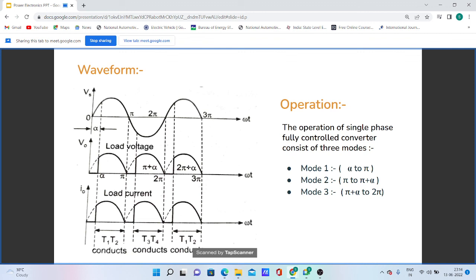The SCRs T2 and T4 continue to conduct up to 2 pi. At omega t equals 2 pi, the supply goes through 0, so conducting thyristors T2 and T4 will turn off due to line natural commutation.